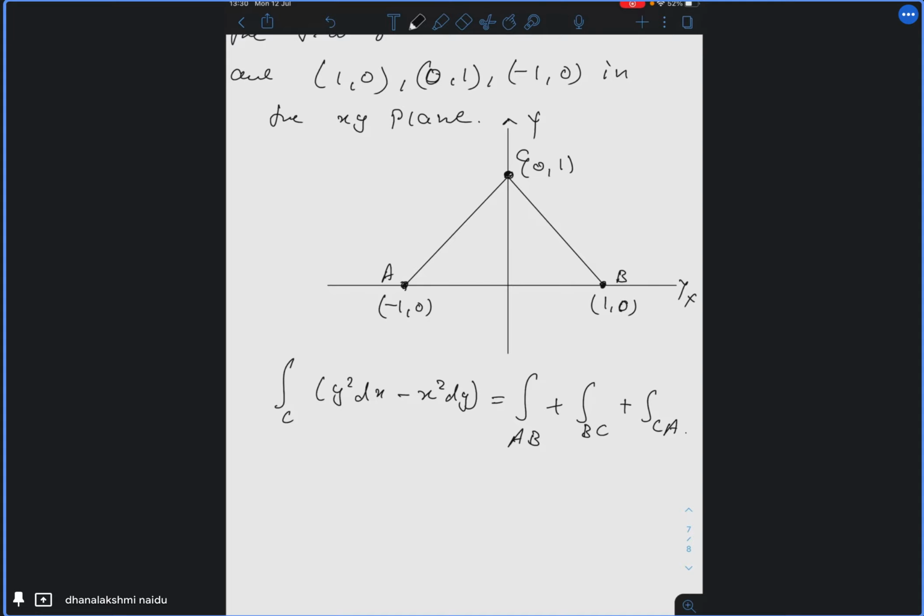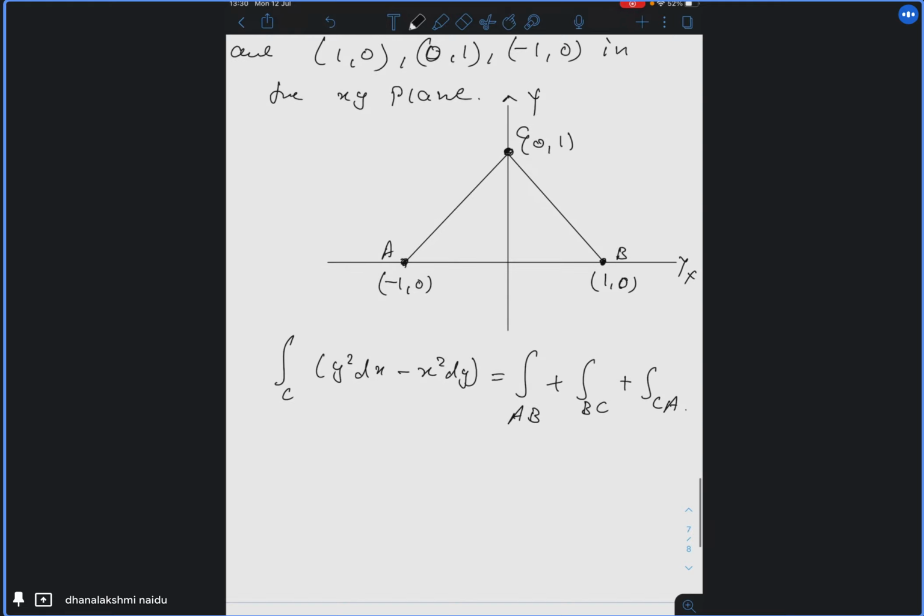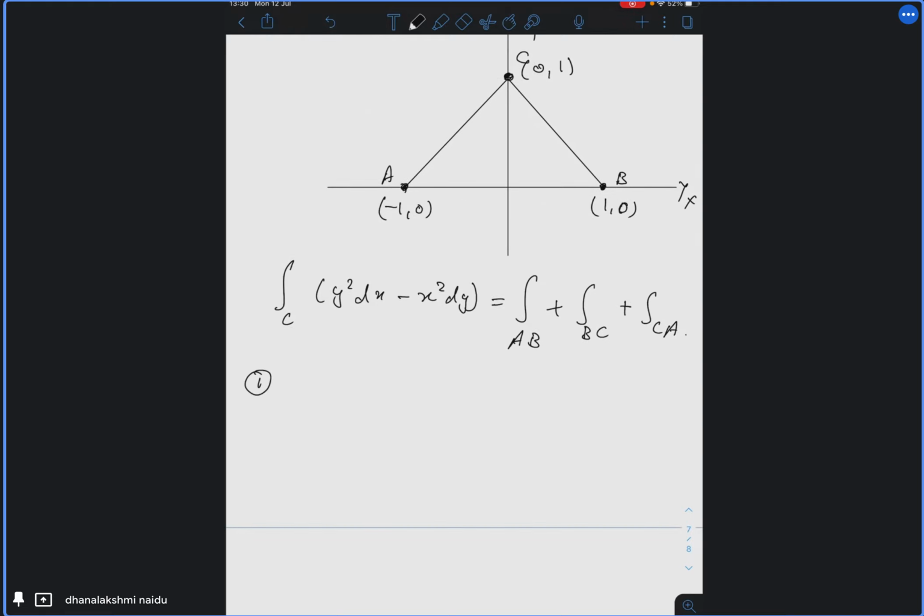Is it correct? Yes, ma'am. So first, independently, each and every one will calculate. Along AB we will calculate.